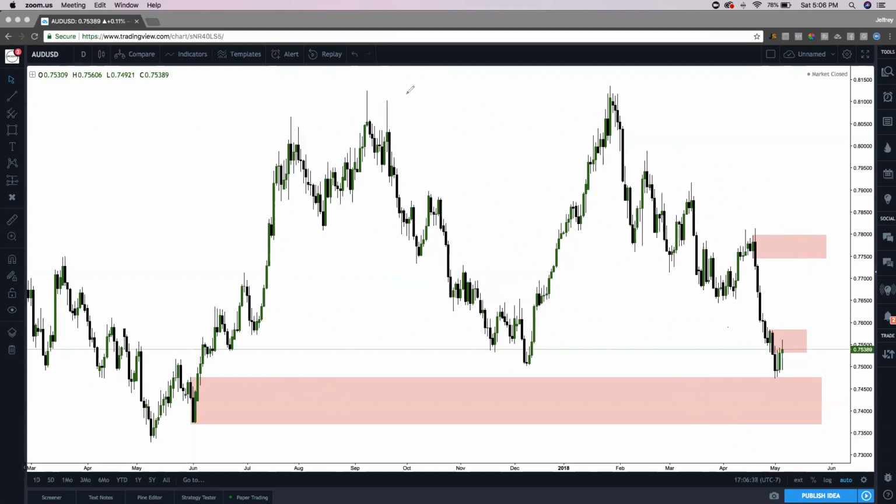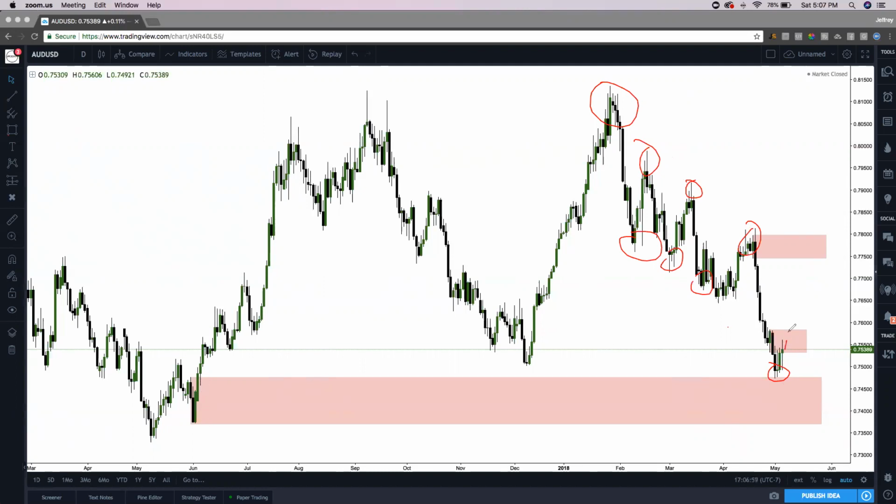So for example, again, we're on a daily time frame with AUD USD. Here we've got a high, we've got a low, lower high, lower low, lower high, lower low, lower high, lower low. This is a bearish trend, right? But we've just recently traded into a daily support level.